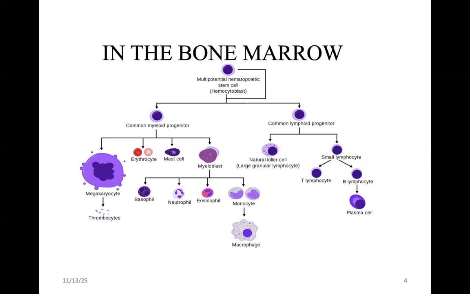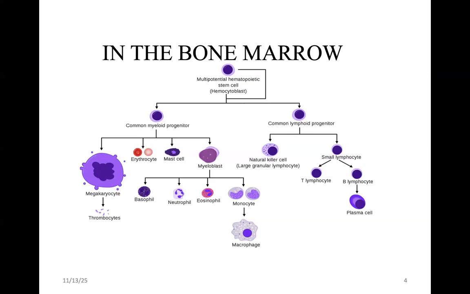So what I mean to say is that when blood cells are being produced in the bone marrow, they are produced for a certain purpose. Depending on what is needed at a particular time, hormones, cytokines, interleukins are released to guide the production of that bloodline.